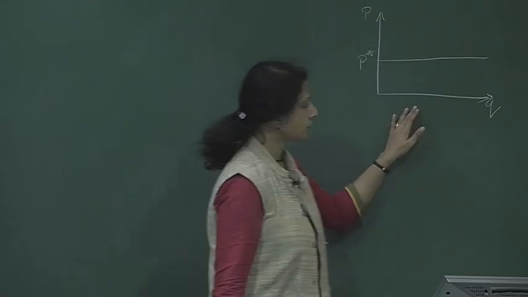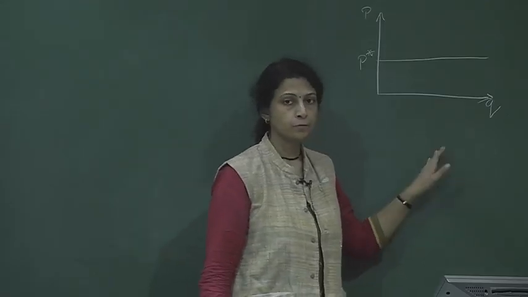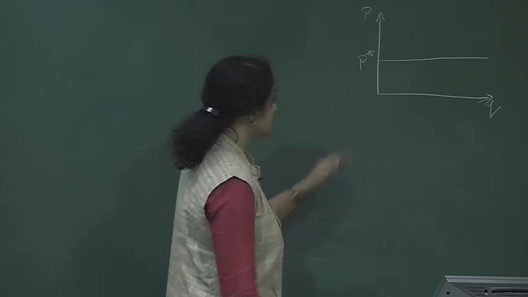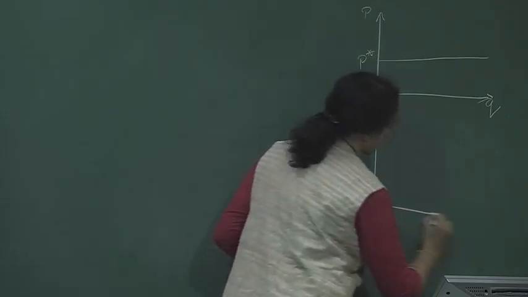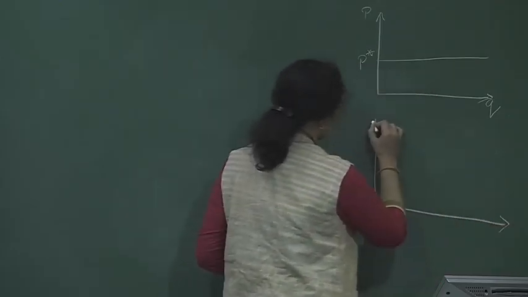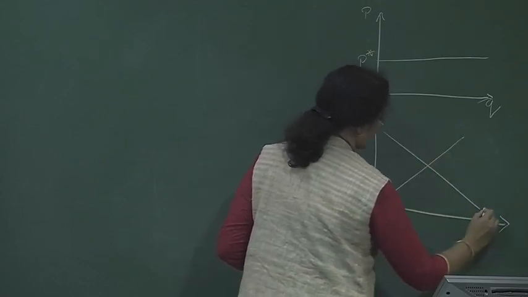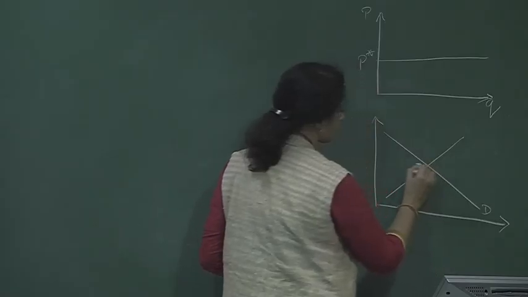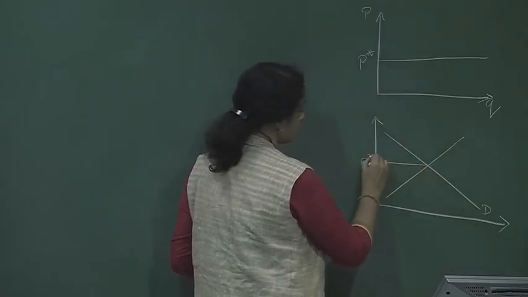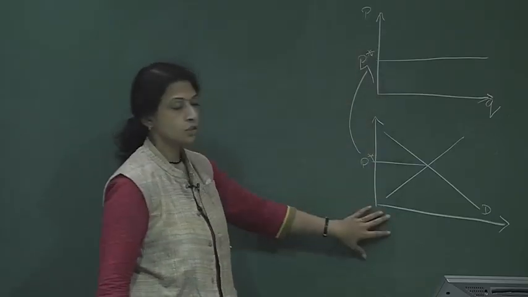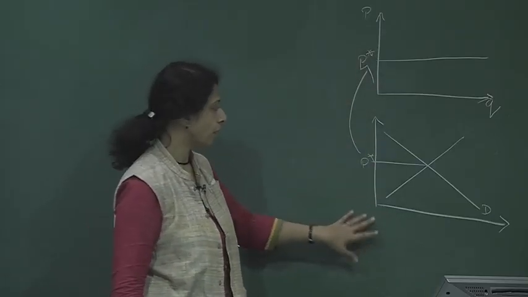This is the demand curve facing the perfectly competitive firm, but that doesn't mean that the market demand curve is not negatively sloping. The market demand curve is still negatively sloping, and this equilibrium P star is the P star in the case of a perfectly competitive market.